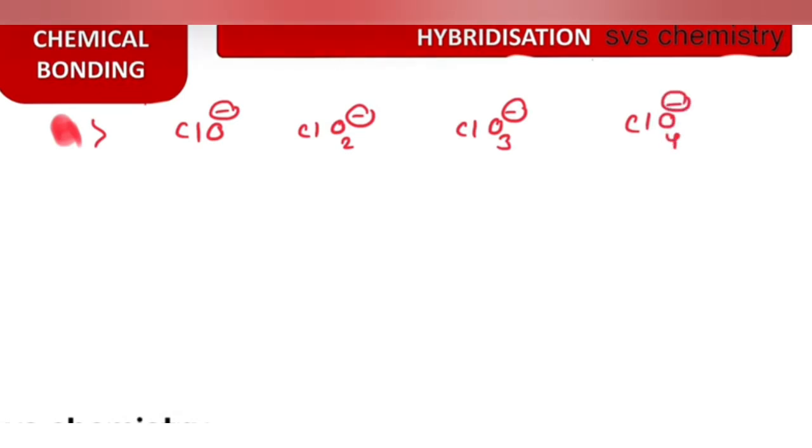Here we have chlorine and oxygen. In ClO minus the bond order will be 1.